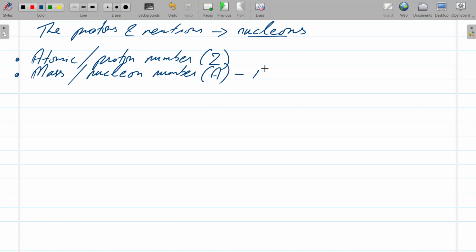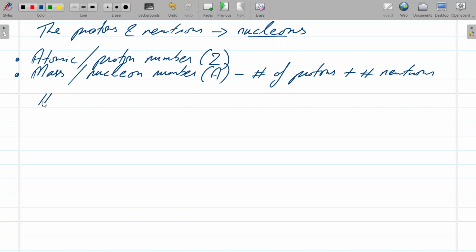And this is the number of protons plus the number of neutrons. Since I just told you they are called nucleons, the nucleon number is the total number of neutrons and protons, which gives you the mass of the atom.